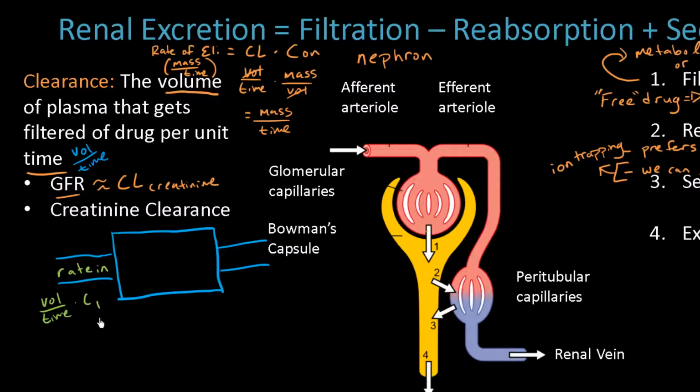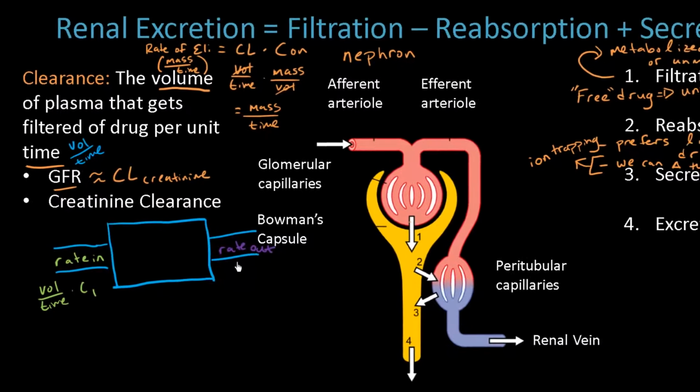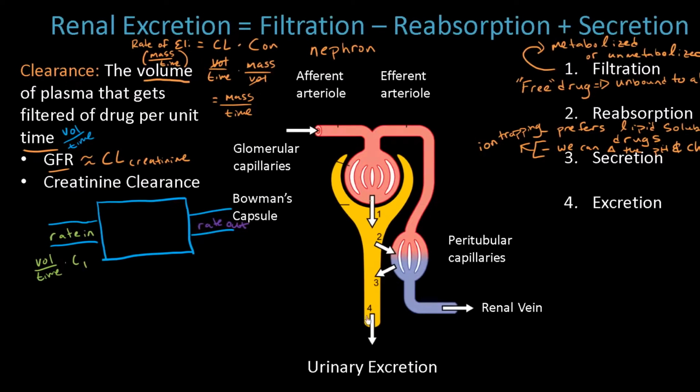We'll call that C1, and we're going to say that that equals the rate leaving the kidney, or the urinary excretion, and there's a certain volume that we create urine over a certain period of time multiplied by the concentration of drug in the urine.